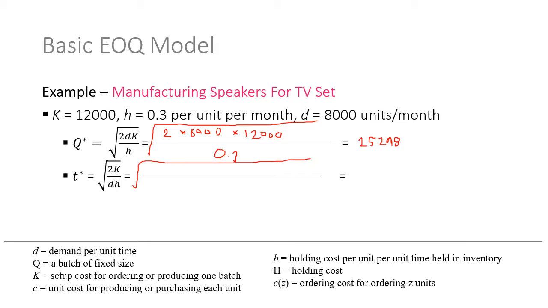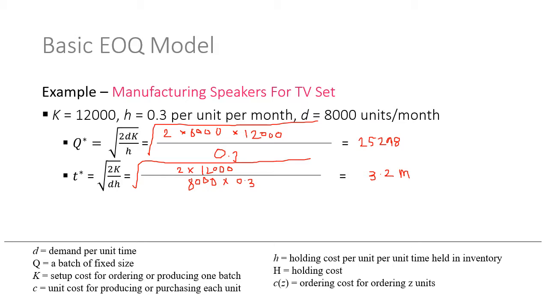Square root of 2 into the setup cost for production, 12,000, divided by the demand, 8,000, into the holding cost, 0.3, and this gives the value of 3.2 months. So the time unit is months in this example.